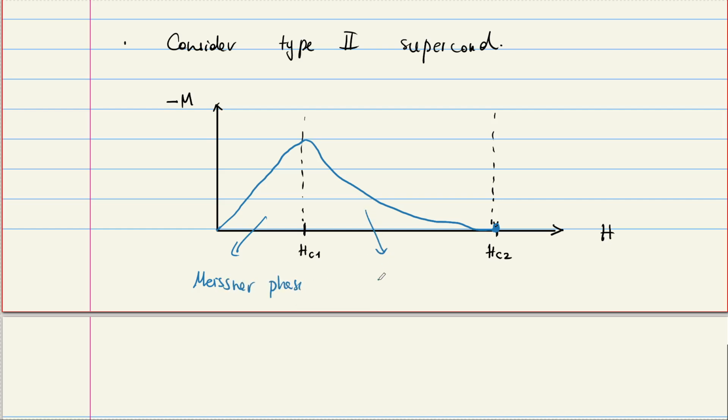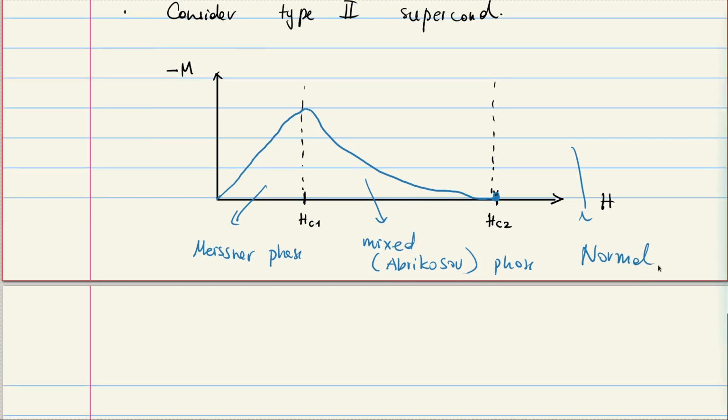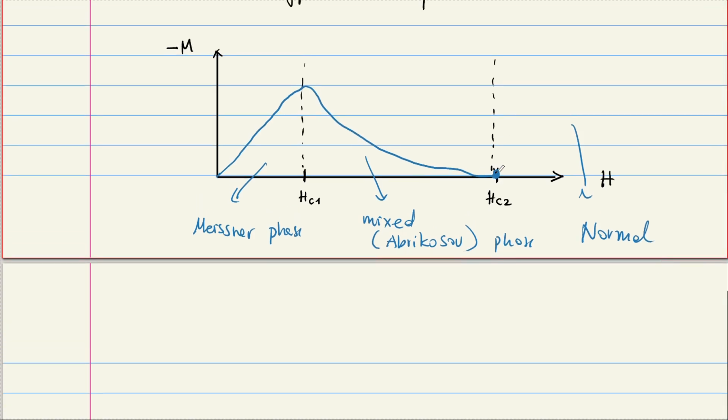This is sometimes called the mixed, or sometimes also called the Abrikosov phase. And this side is normal. You can see here superconductivity is almost killed. Therefore, we can expand.